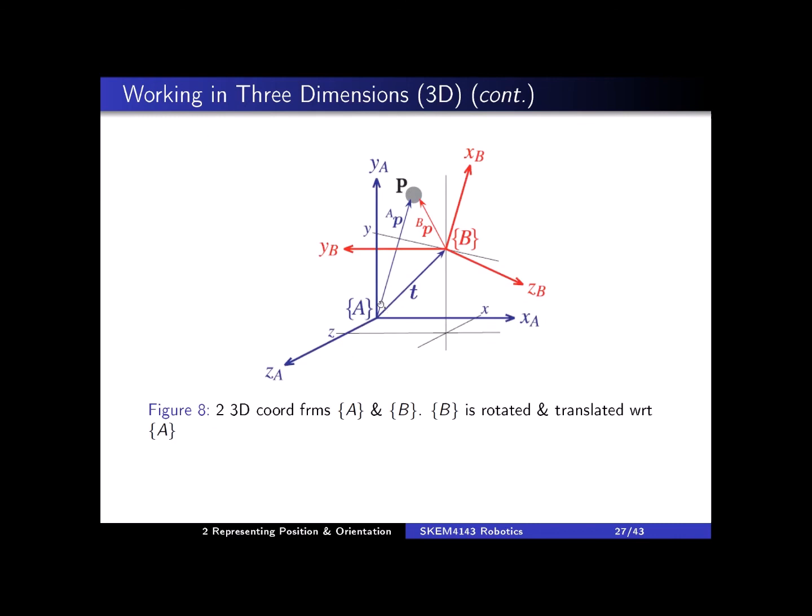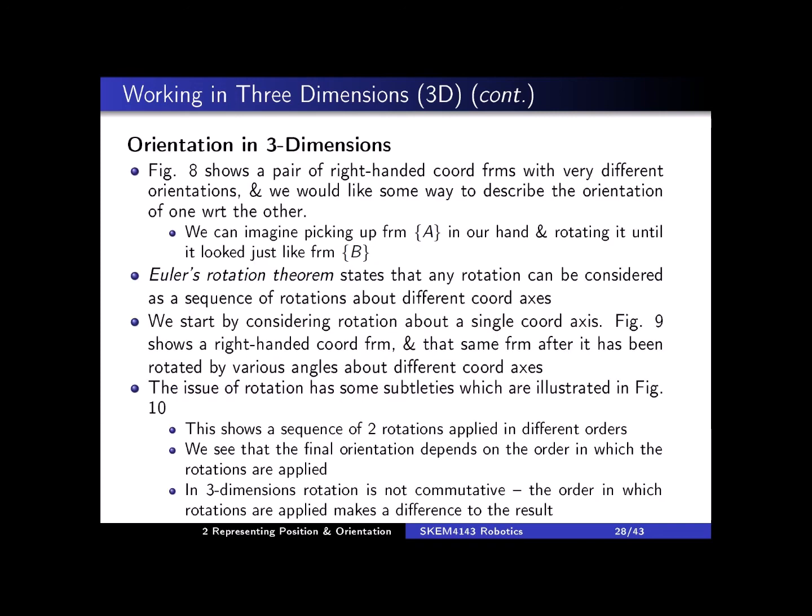So either you pick this one or you imagine there's a coordinate frame V for Vietnam, which completely coincides with coordinate frame A, which means XV is here, YV is here, and ZV is here. And how do you get to here from here? So we'll be using that information. Euler's rotation theorem states that any rotation can be considered as a sequence of rotations about different coordinate axes.